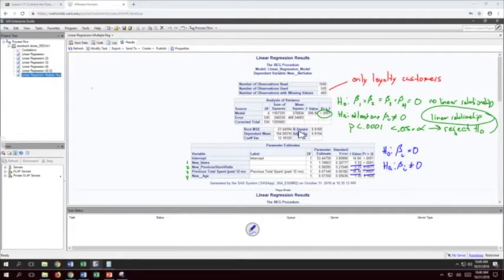New age. I'm going to, so you can actually see it. Okay. So new age. Fail to reject. So is there a relationship there? No. So do we want it in our model? No. So let's screenshot this one real quick. This right here tells us that we want to remove it from the model.